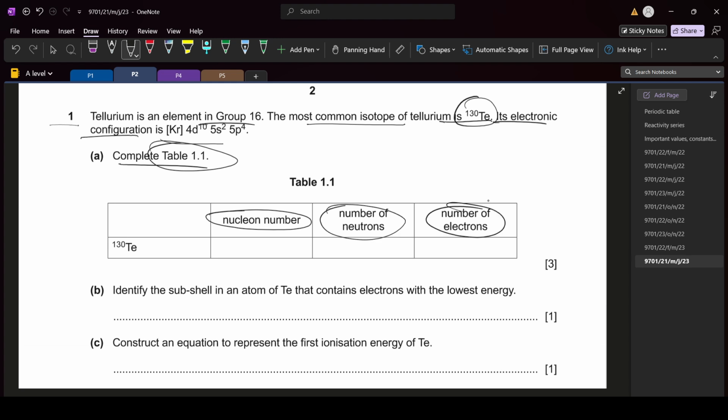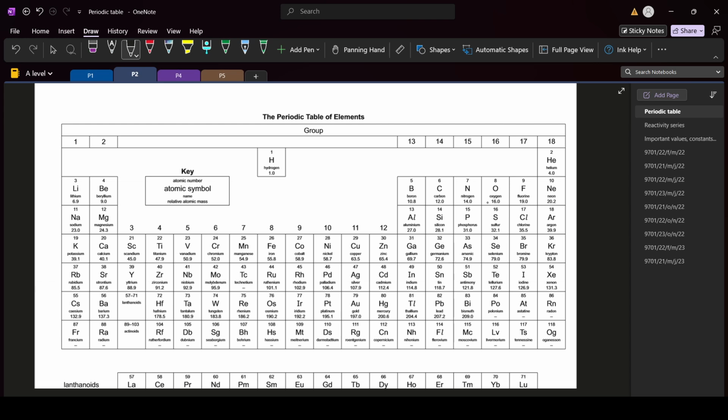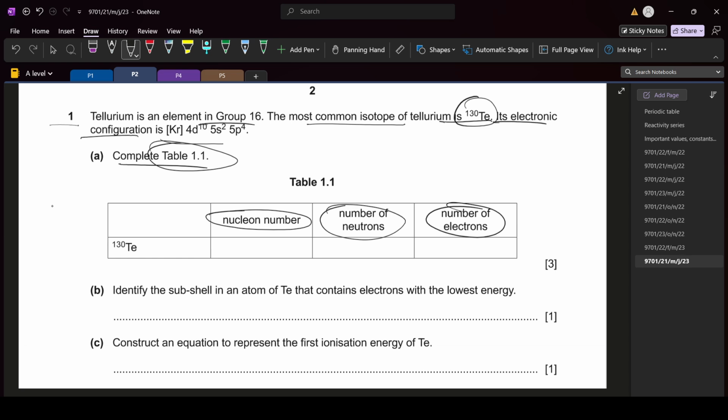So the nucleon number is actually the mass number, and the atomic number is the proton number. This is your tellurium, and it has a proton number of 52. So the nucleon number is actually the mass number, and you are given this atomic mass.